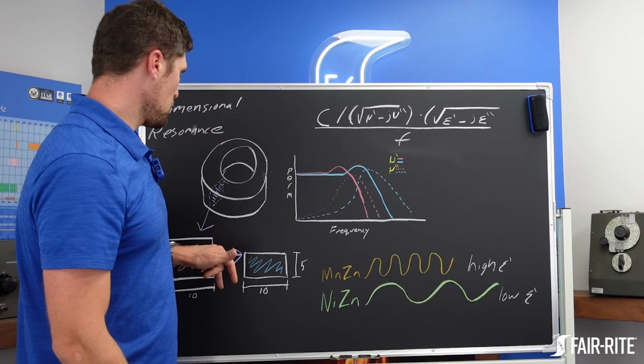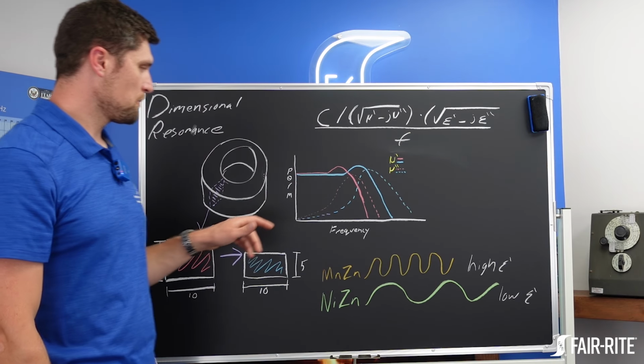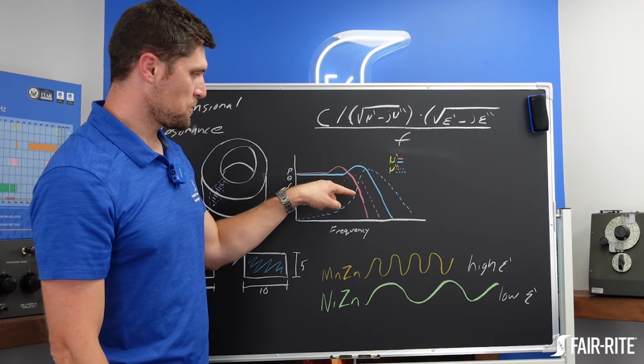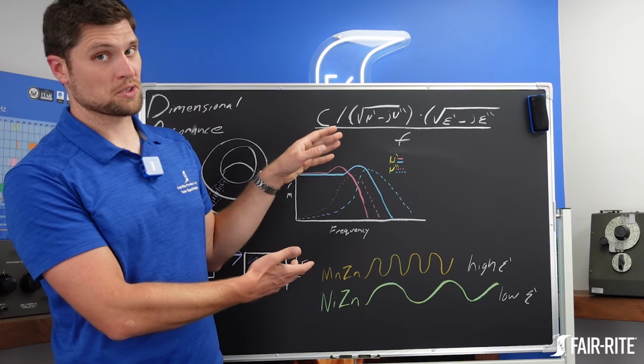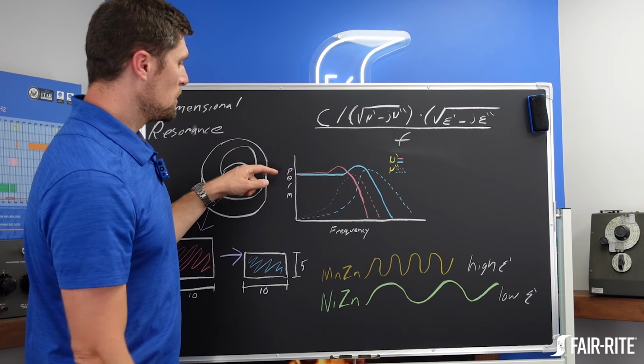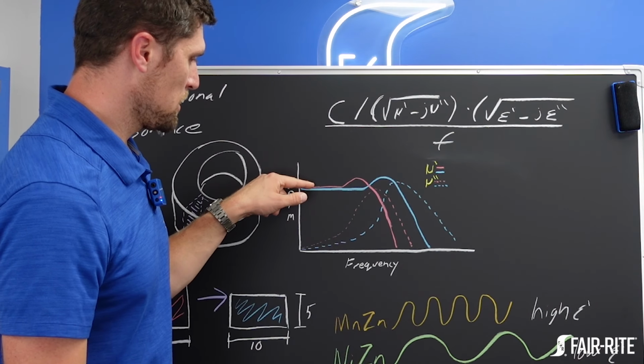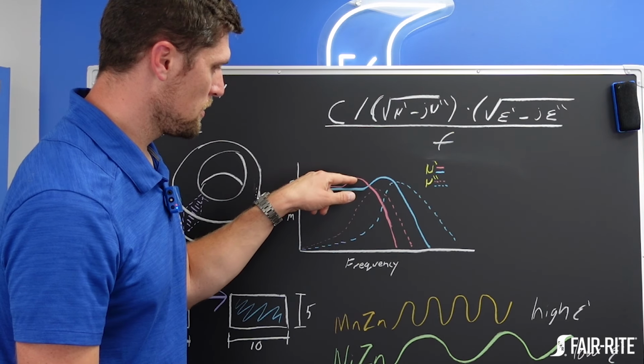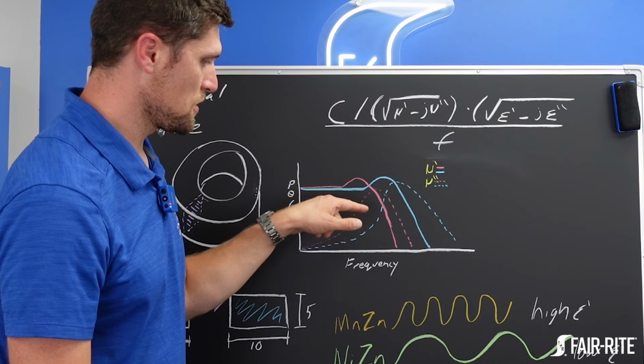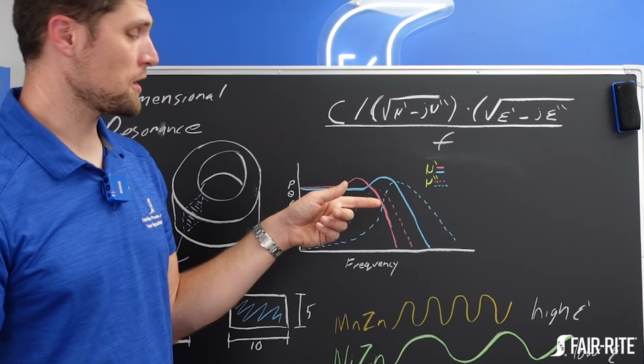So the red core, colored in red here, this is the complex permeability curve, and there's no numbers on this because it's just an example. But you can see the red solid line here is representative of the reactive portion of the permeability of that core.